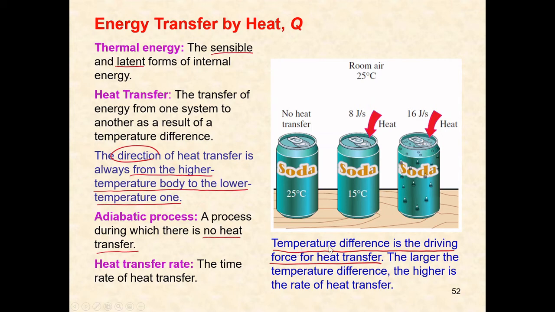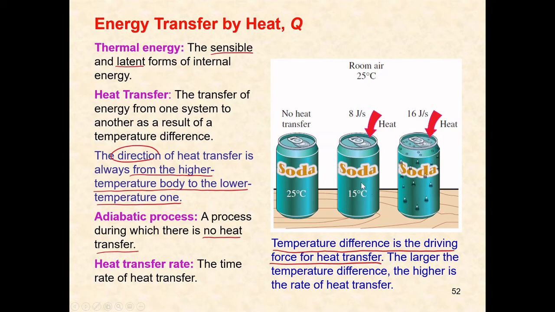This figure shows the temperature difference is the driving force for heat transfer. The larger the temperature difference, the higher the rate of heat transfer. In this example, when the soda can is 25 degrees Celsius and the room temperature is also 25 degrees Celsius, there is no heat transfer.